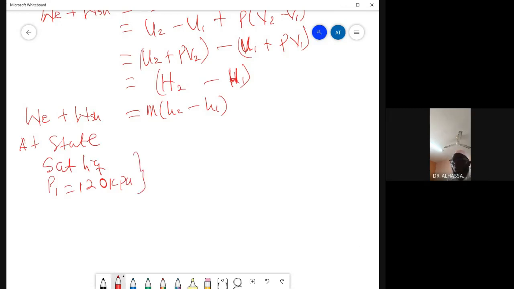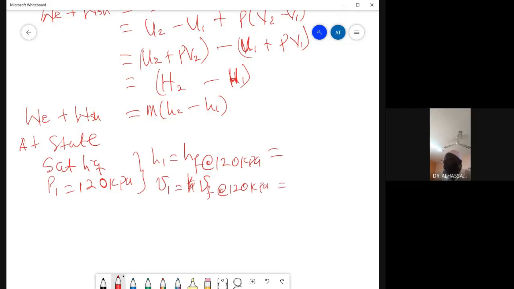So this is saturated liquid, it implies H1 equals HF at 120 kPa. Can somebody tell me the value for this? And then specific volume V1 equals VF at 120 kilopascal. Can somebody tell us the values for H1 and V1?